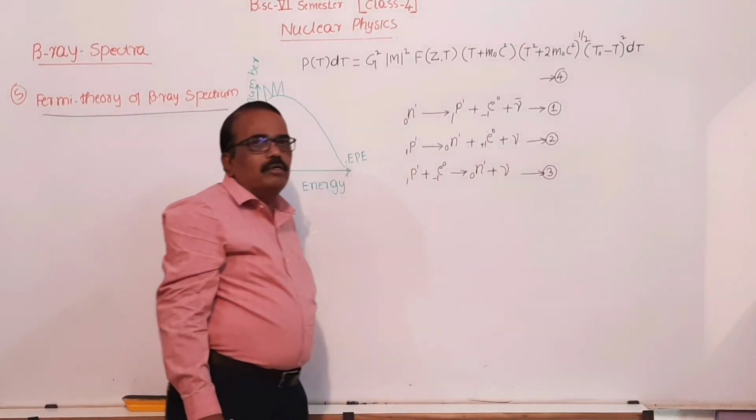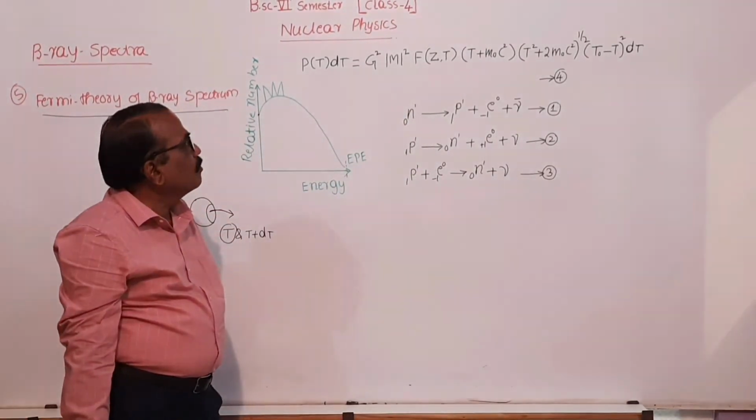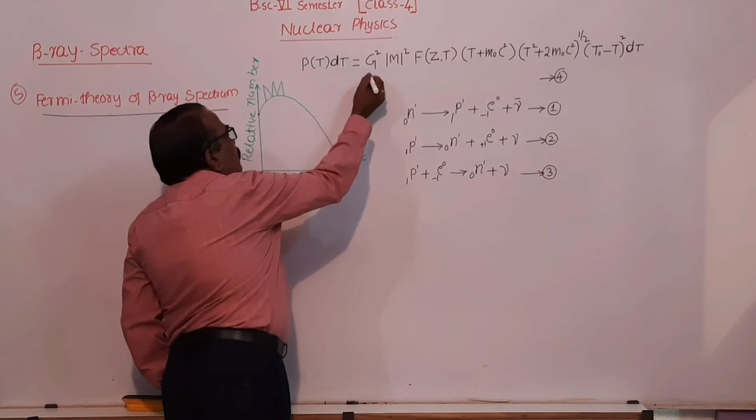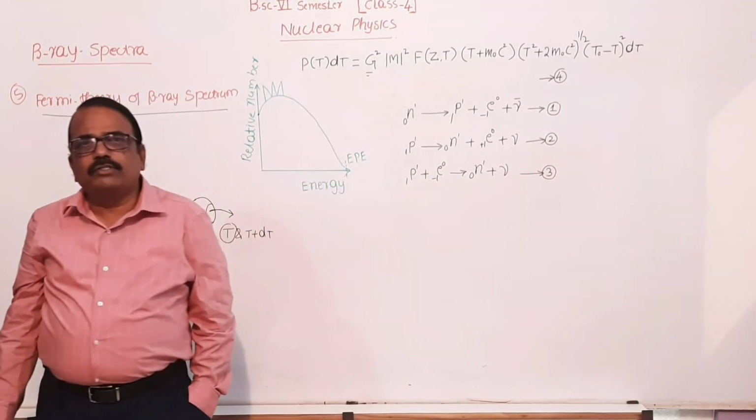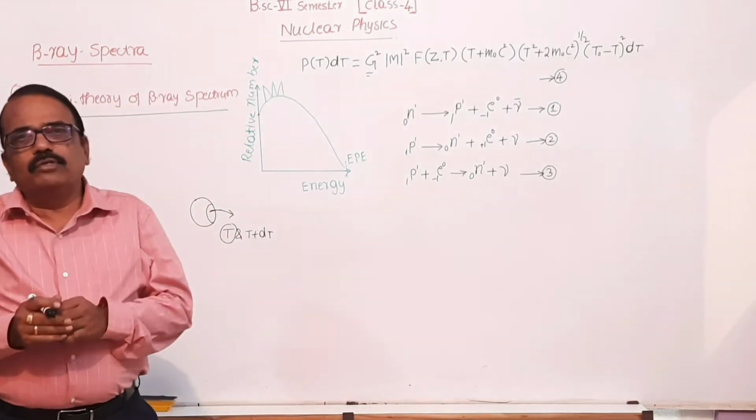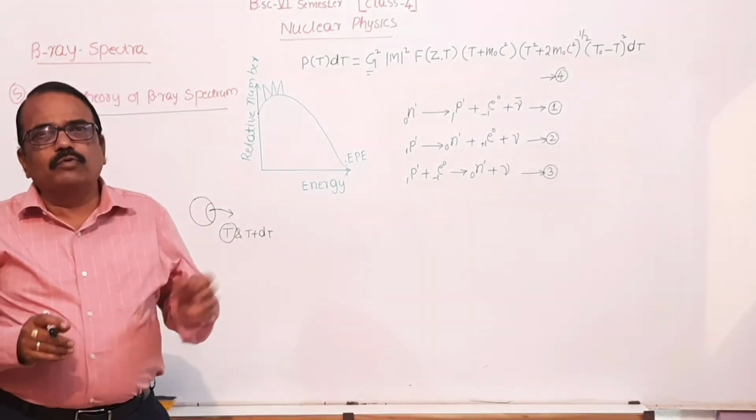So this formula contains many factors. Here, G is a natural constant that gives the strength of the Fermi force.